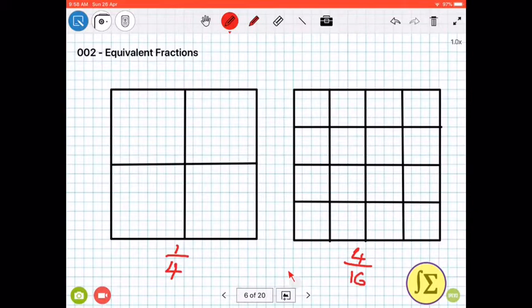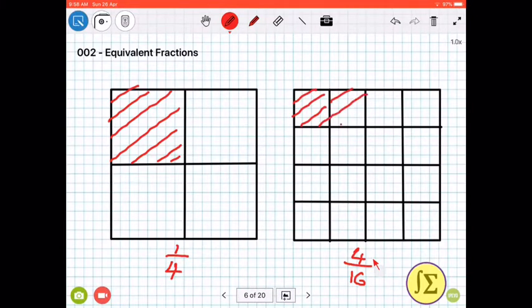So for the one on the left, since it's 1 over 4, we're going to shade just one of the squares, and the square on the right, since the numerator is 4, we're going to shade 4 of them. 1, 2, 3, and 4.